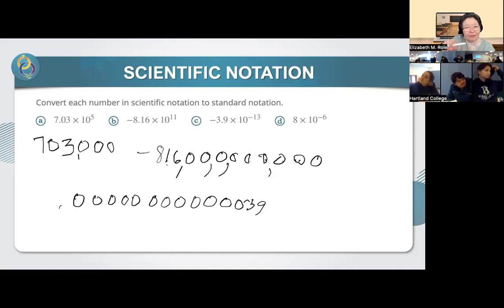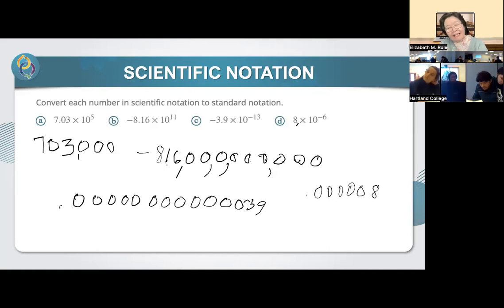So for the 8 times 10 to the negative 6, the decimal in that 8 is here. You're now moving to the left. There's already 1 decimal there, so you just have to add 5 zeros. So it will now be 0.000008.